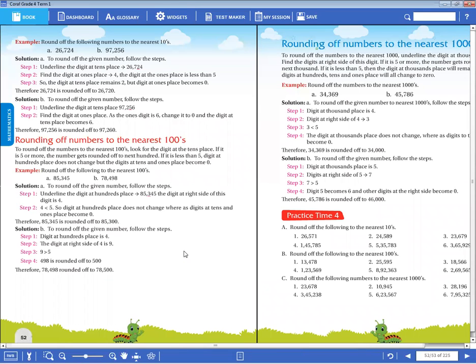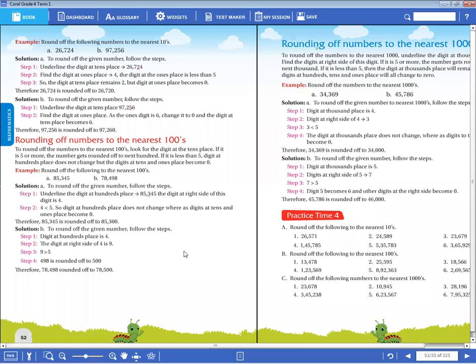78,498. So what is the nearest hundreds of this? When we are checking the tens here, 98 is greater than, no, it's a wrong answer. See here, what is the tens place? 4. What is the hundreds place? 4. What is the tens place here? 98. So 90 is greater than 50.